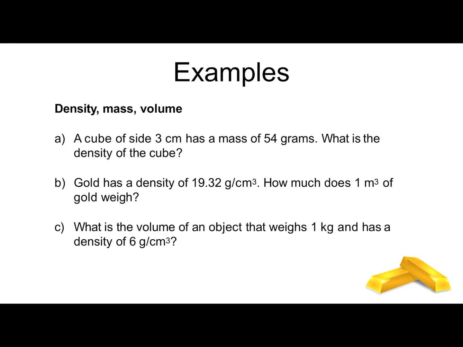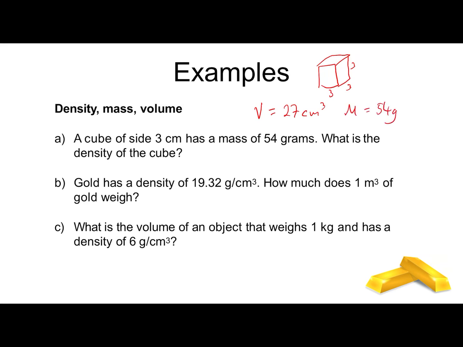Anyway, moving on. You're going to get some pretty easy questions, and then some harder ones. So here's a very, very straightforward one. It says a cube has side 3 centimetres and has a mass of 54 grams. What is the density of the cube? Well, if it's a cube, then all the sides are 3 centimetres, so the volume is going to be equal to 3 cubed, 27 centimetres cubed.